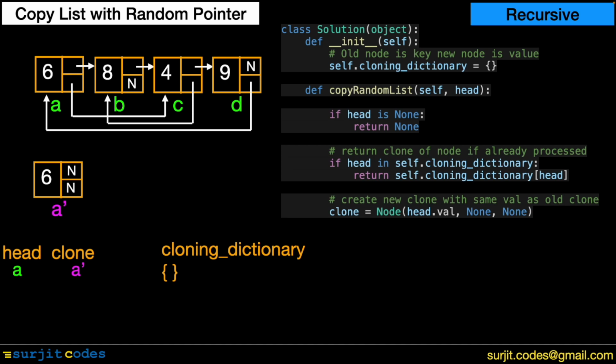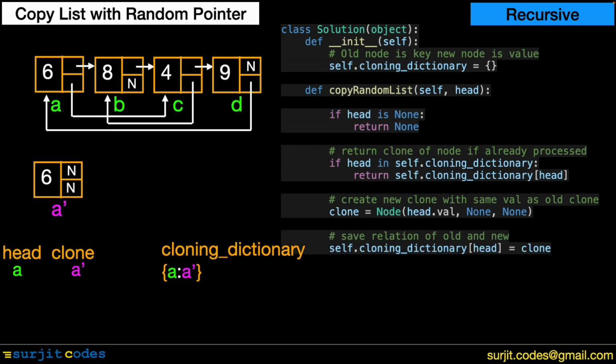Let us suppose that the memory address of this node is A prime. We save this pair in the dictionary for later use. This entry means clone of A is A prime. The function should now return the clone.